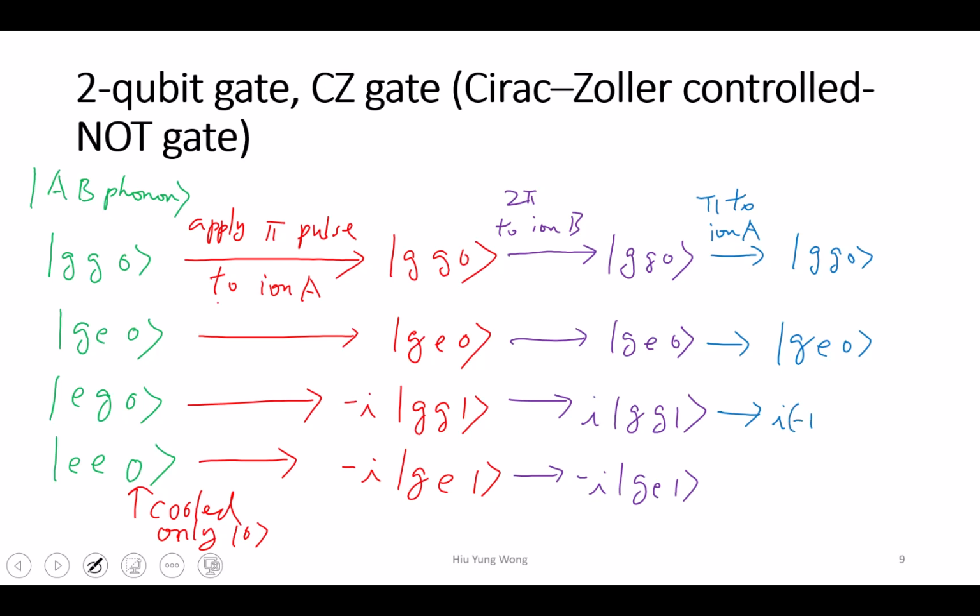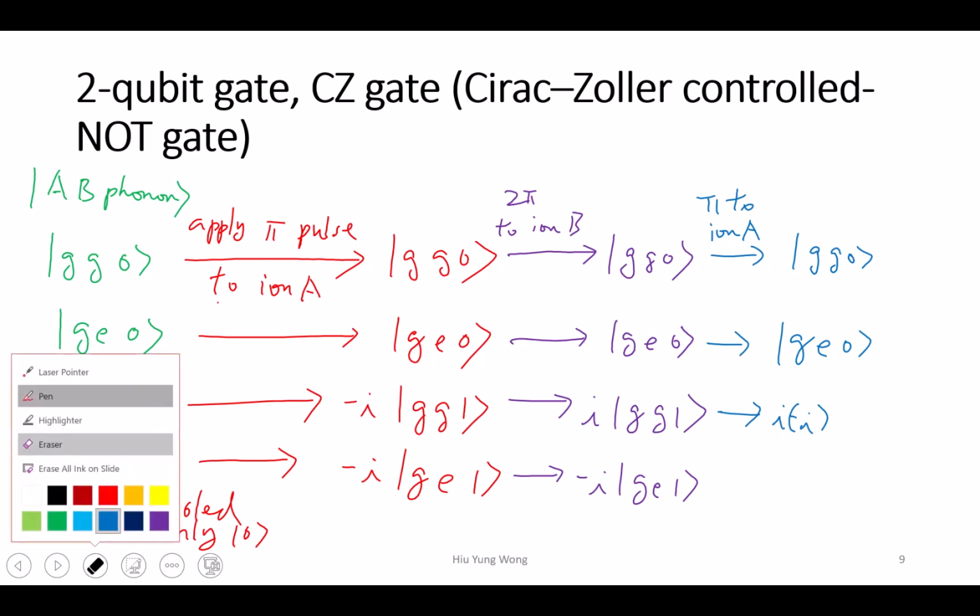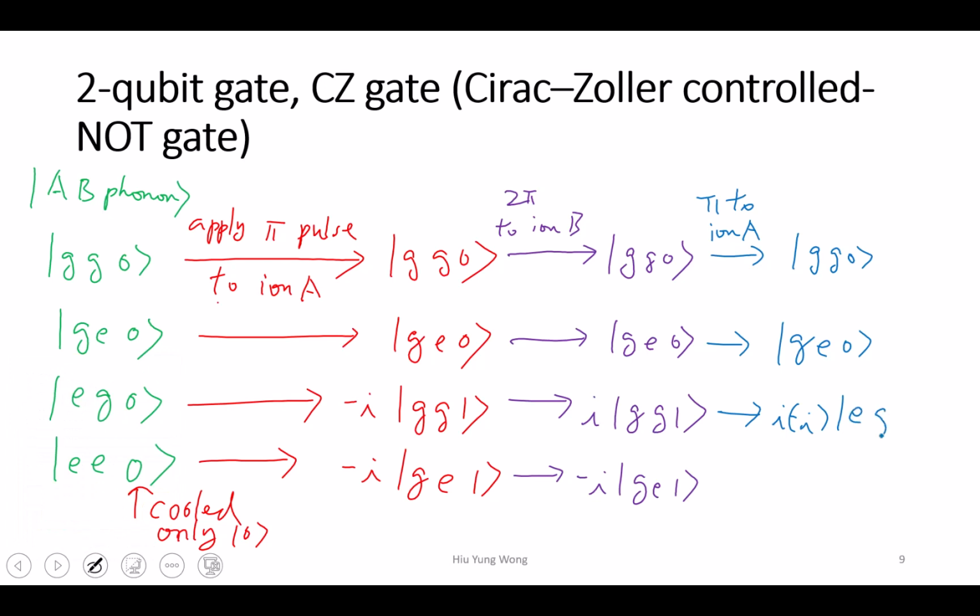Yeah, I times negative I. And then it becomes EG0. And this is 1.